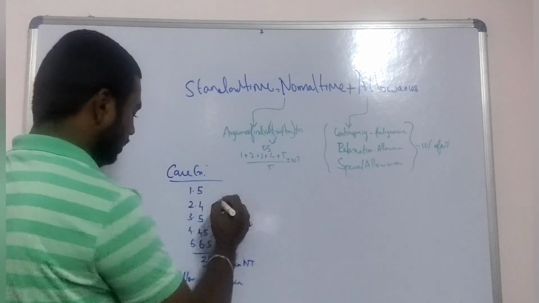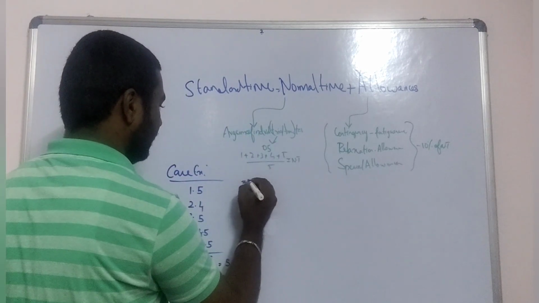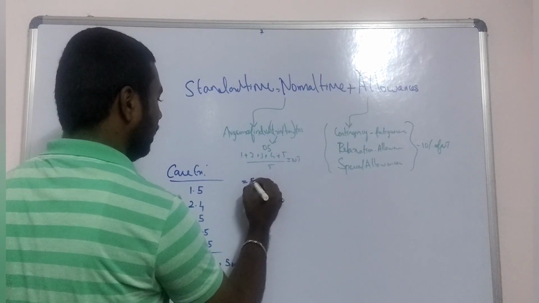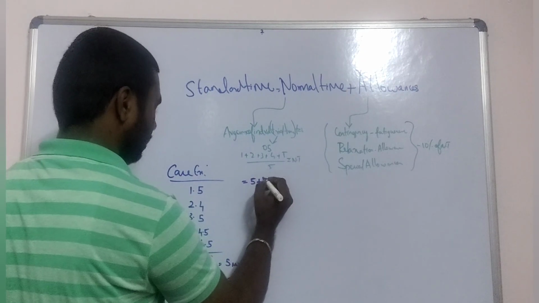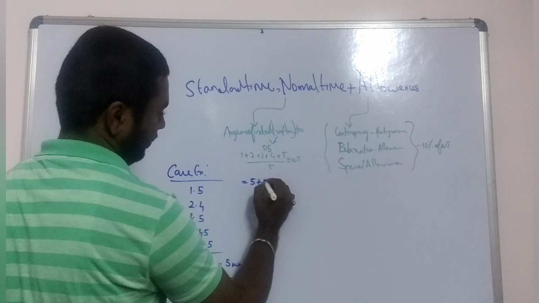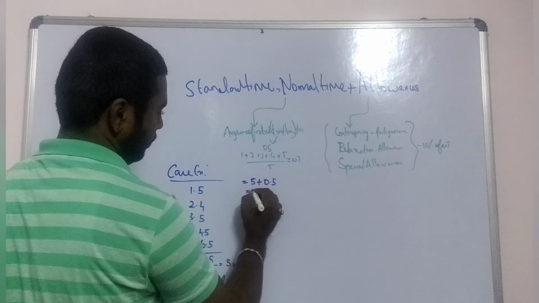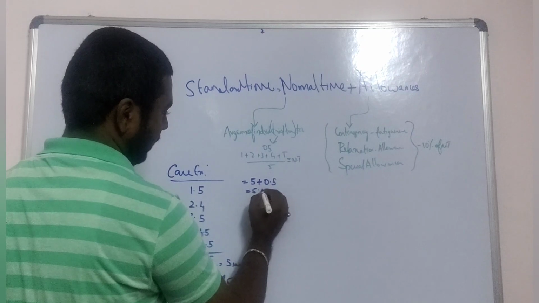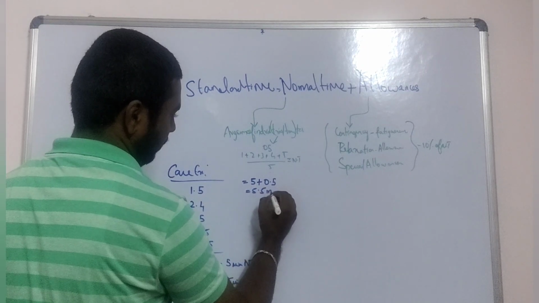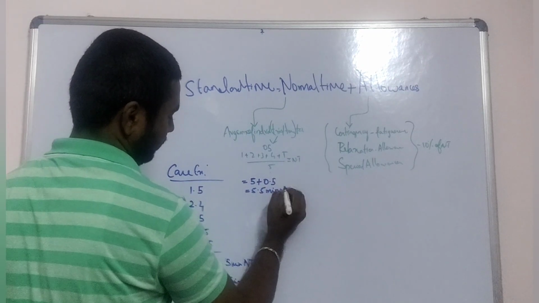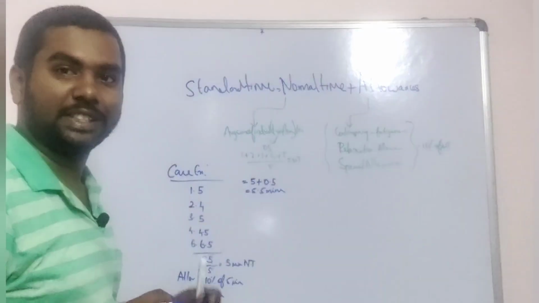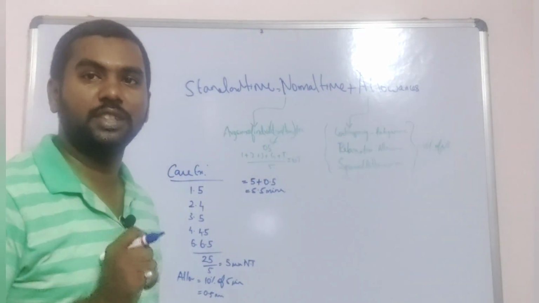Substituting these two values, the standard time for a phasing operation is normal time plus allowances, that is 5 plus 0.5, which is 5.5 minutes. Now the standard time for the process is calculated.